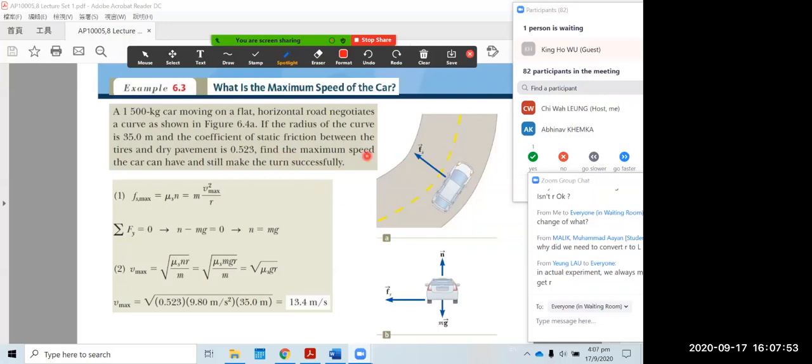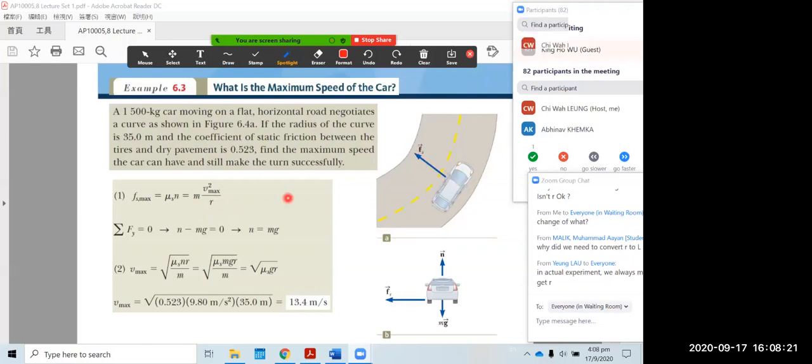And here you have a car trying to make a turn. So you have the maximum frictional force that is equal to mu s times N, and that is equal to mv squared over r. The centripetal force is mv squared over r. The force comes from the frictional force.